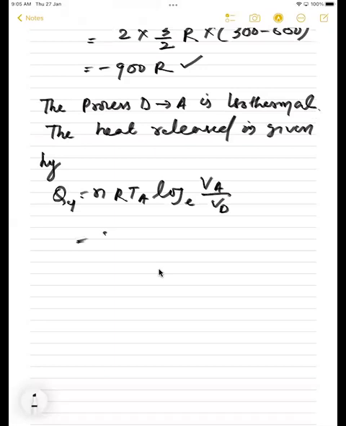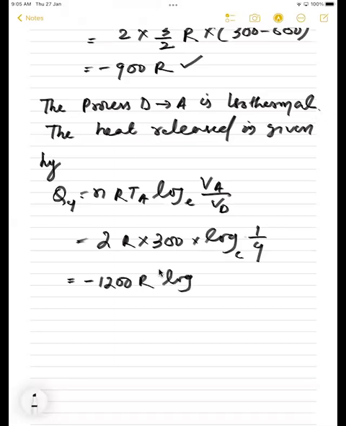That is equal to 2 into R into 300 into log of 1 by 4, which is minus 1200 R log 2, because 1 by 4 is the reciprocal, it will be negative: minus 831.6 R.